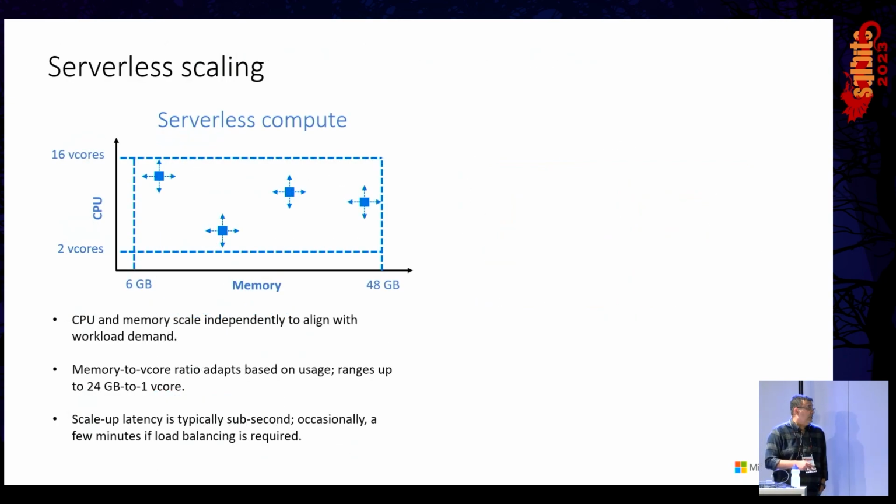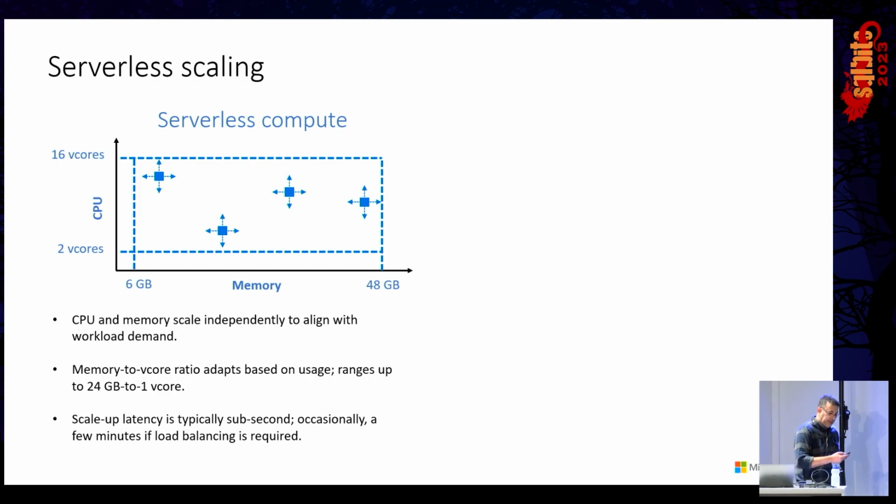So here's how we look at the difference between serverless and provisioned compute. You can independently scale CPU and memory. So if you need more memory, memory can burst whereas CPU is low. Or if you need more CPU, you can have that when there's a low memory profile.